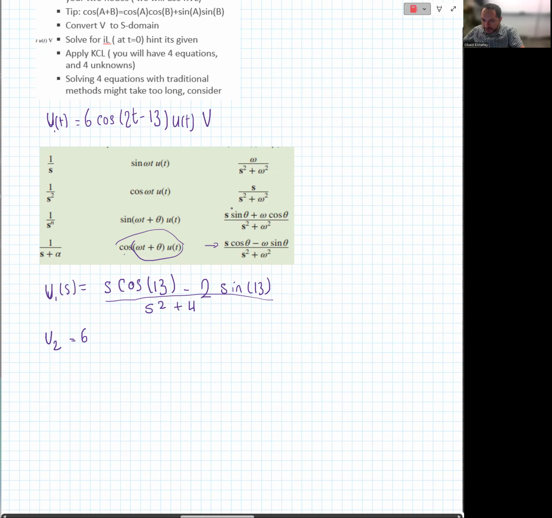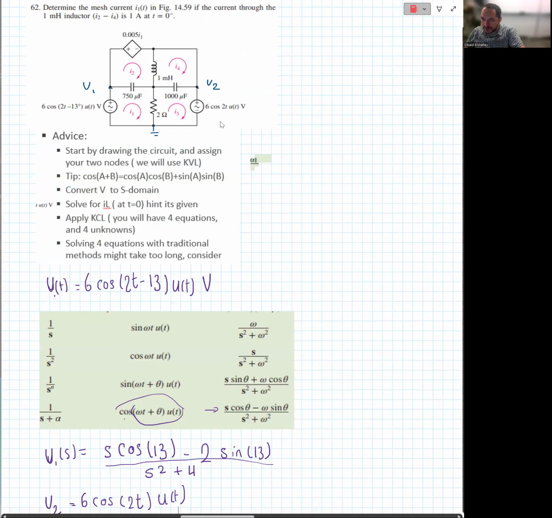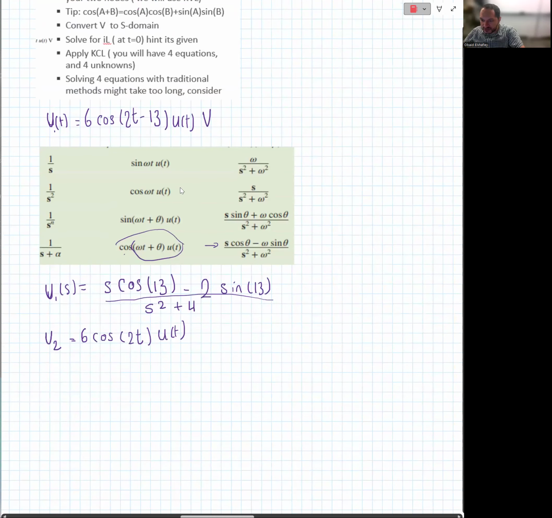Similarly, V2 is 6 cosine 2t u(t). Since both of them are on the same frequency, we can solve directly without using superposition. This is important to note as well.